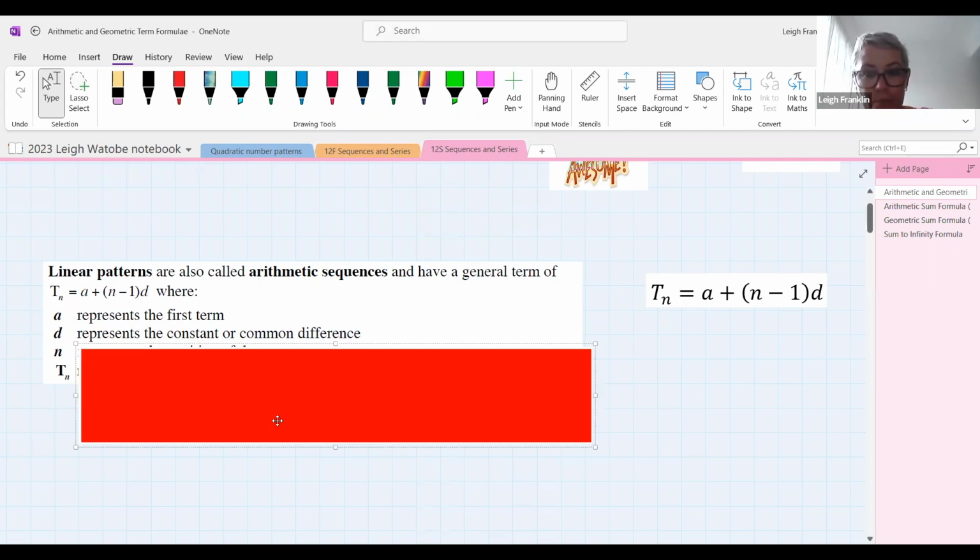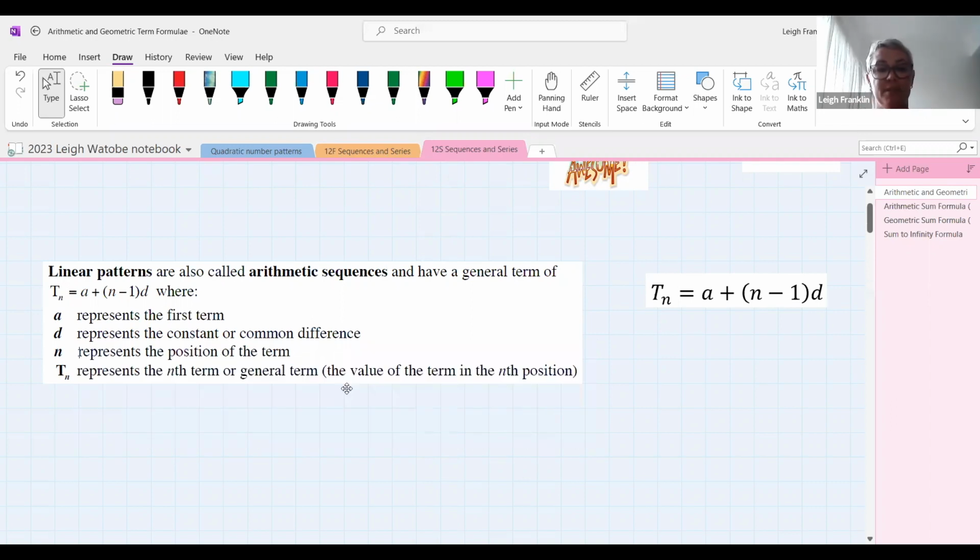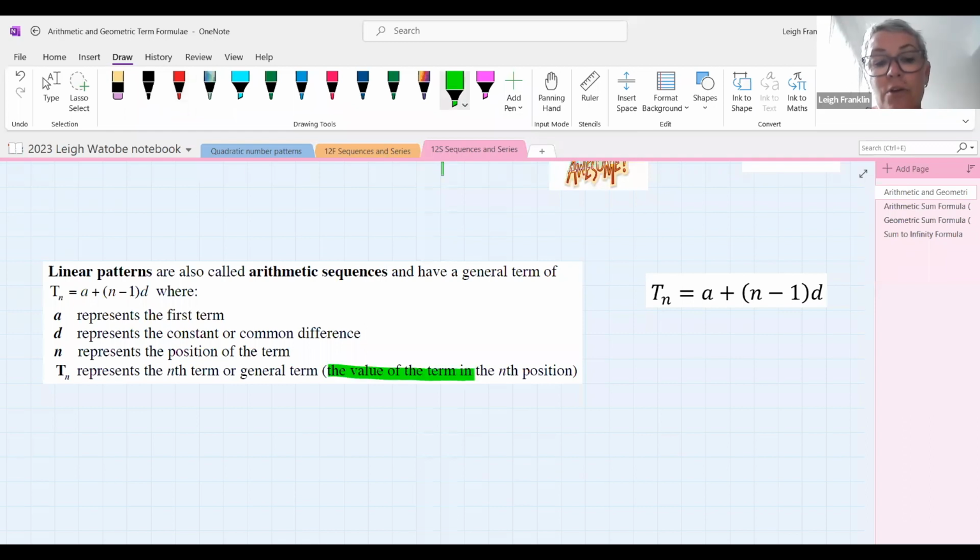Term number. Not the term number, Letu. It's actually the value of the term. It could be the last term in Kateko. It could be, but it's the actual value of the term in that particular position. So the value of the term in the nth position, in whatever position it is.